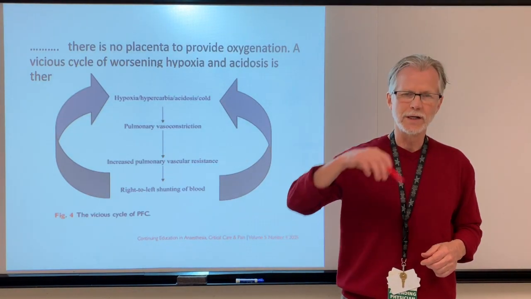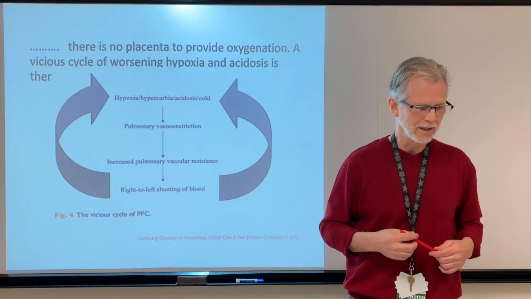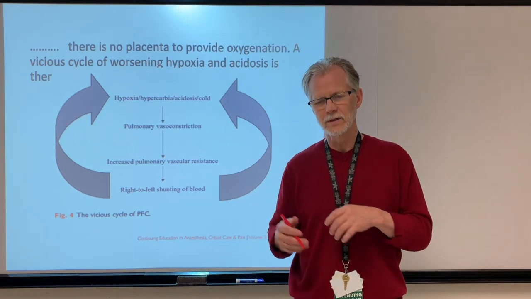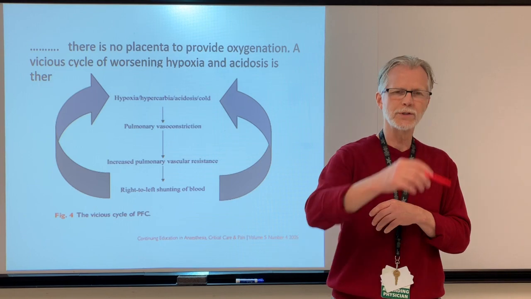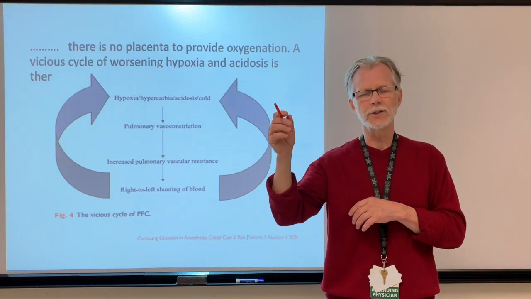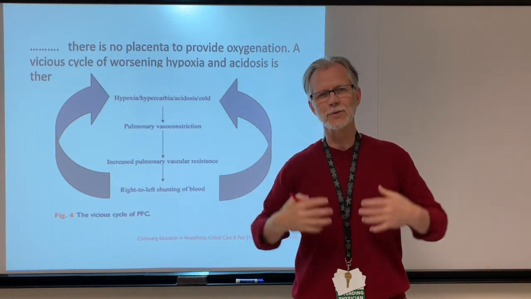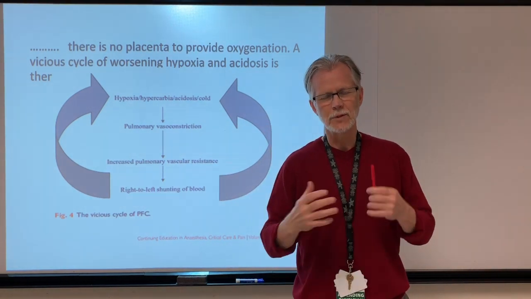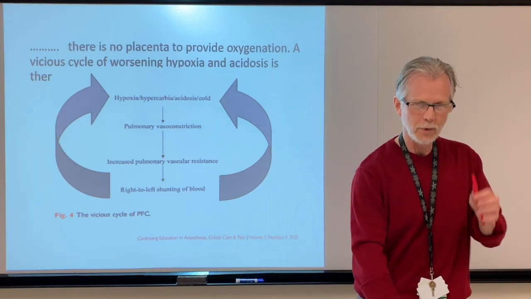And there becomes a vicious cycle of worsening hypoxemia, hypercarbia, acidemia, and worsening pulmonary vascular constriction. And since all the air is coming in, instead of the placenta being there, the neonate then becomes more and more in distress. There's a way around that.